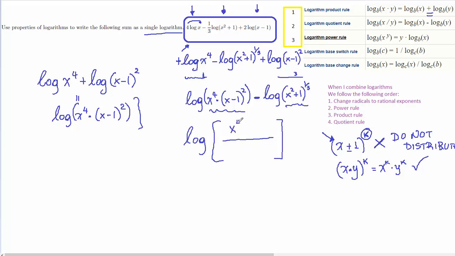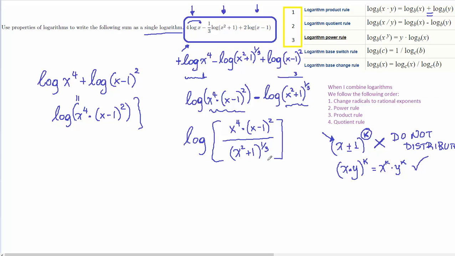So I have x to the fourth times x minus 1 squared divided by x squared plus 1 to the 1/3. And I'm done. I have combined the entire expression into one single logarithm.